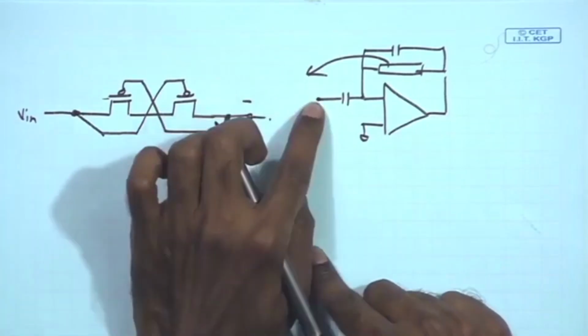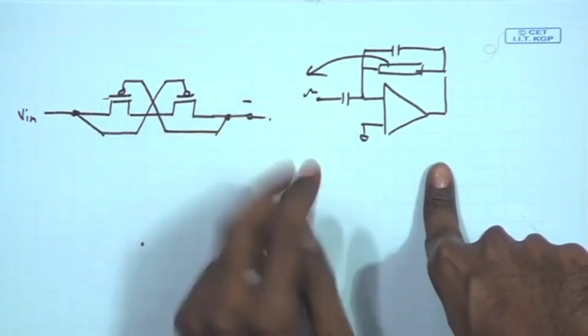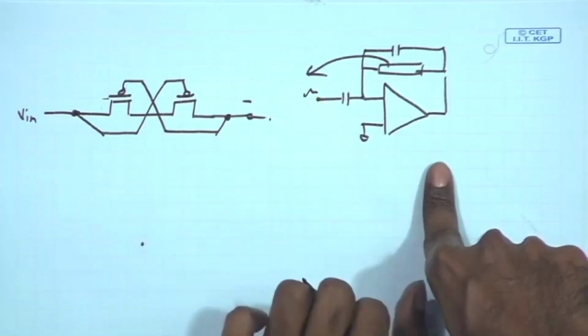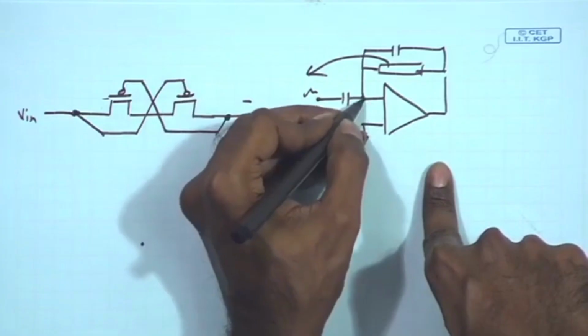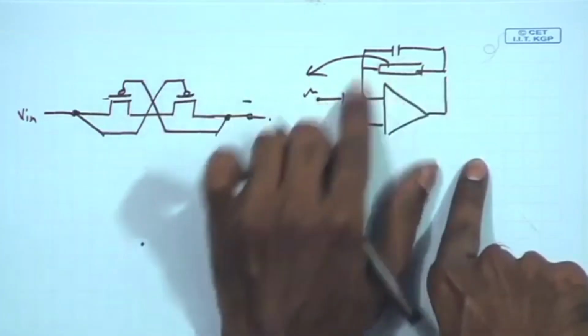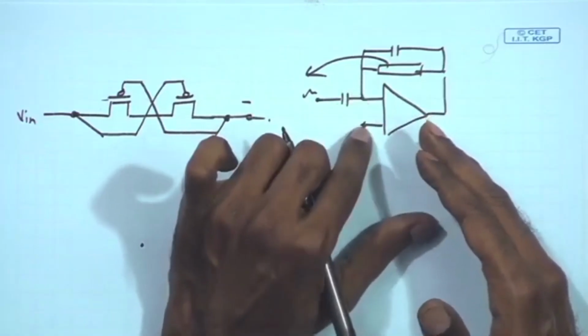Now, at the input point we have some AC signal coming, and it is capacitive coupling. So we do have some minute input signal coming at this point, and this point we have just established. We are trying to establish a DC bias with the help of this large resistor. So assume that you have a good DC bias established.